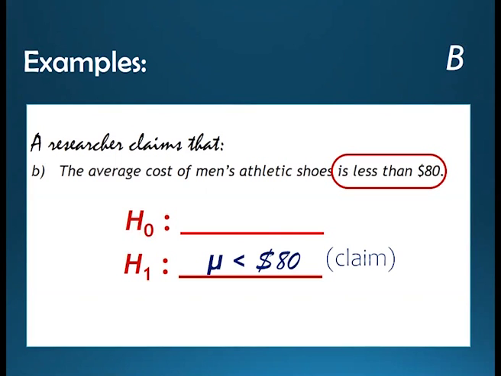This is the claim. So the opposite of less than is what? Yes, it is more than, right? So the null hypothesis is the mean cost of men's athletic shoes is equal to or more than $80.